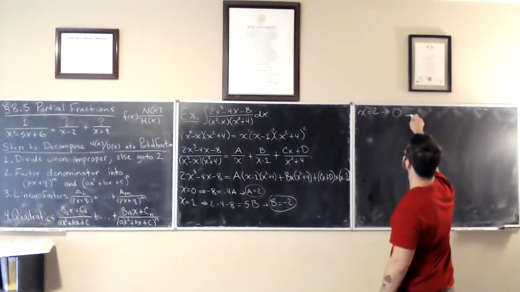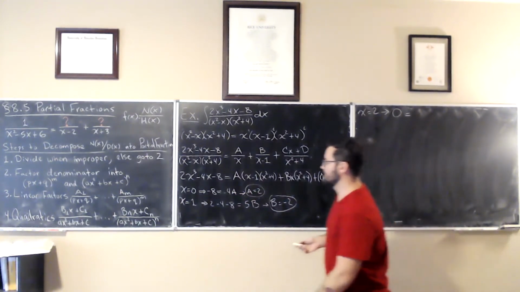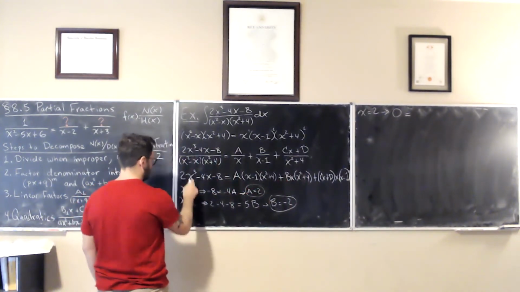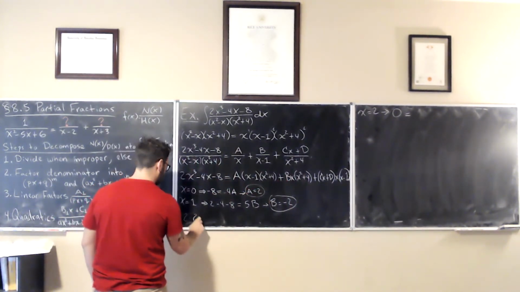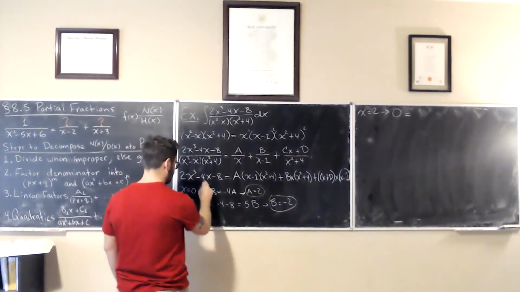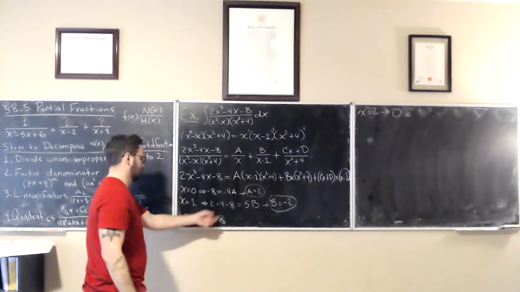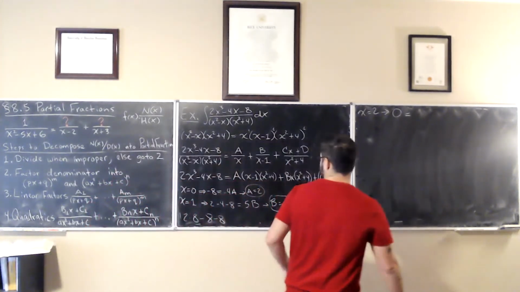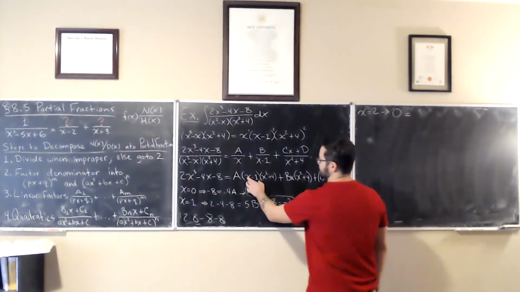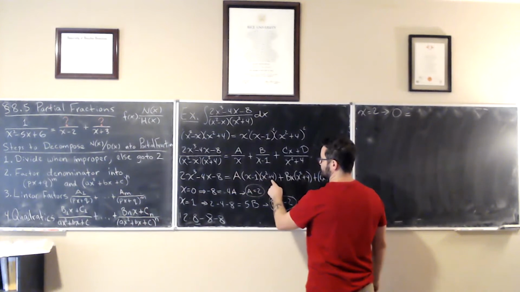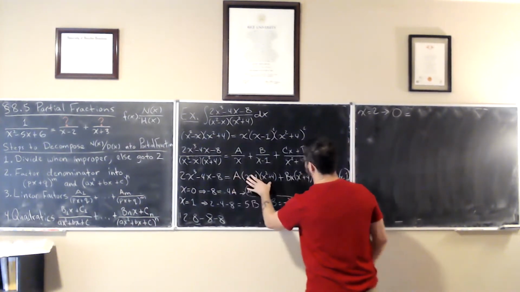Is there really a 0 on that tab? So it's 2 times 2 cubed is 8, minus 4 times 2, which is 8, minus 8, yeah, there's 2 8s, so okay. And then here, we have 1 there, and then 2 squared is 4 plus 4 is 8, and then a is 2, so 2 times 8 is 16.